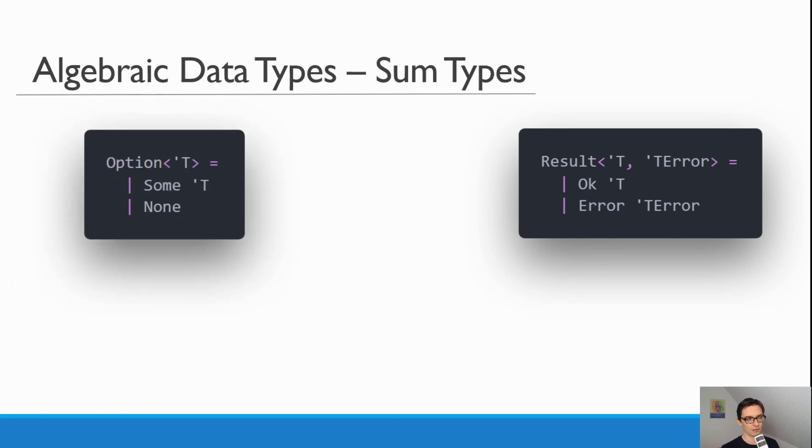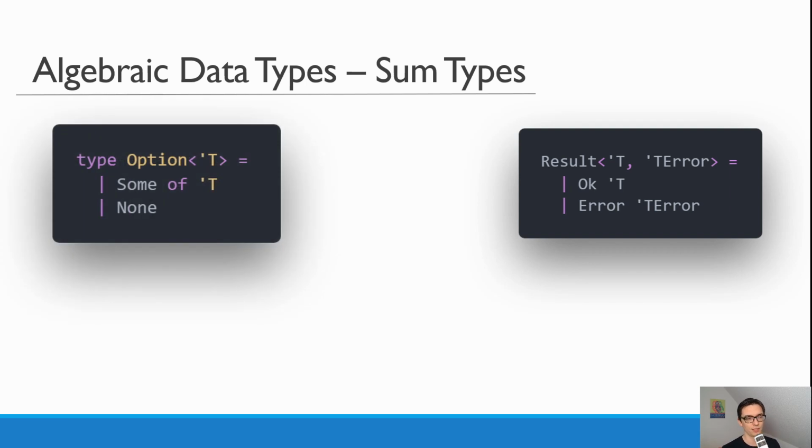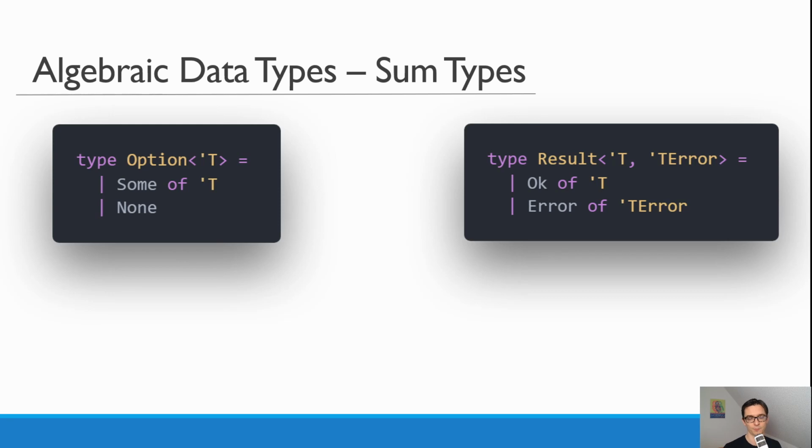So instead of this pseudo syntax here, we have the type option of t, and we have two possibilities. We have either a Some of t or we have a None. And the same goes for the result type. So we have a type result and it has two generic fields in there, and we have either the Ok of t or the Error of t.